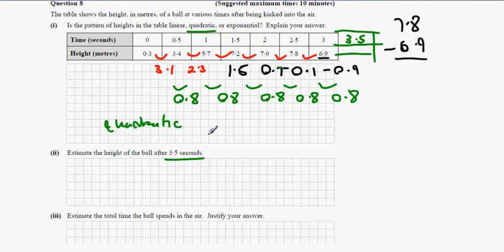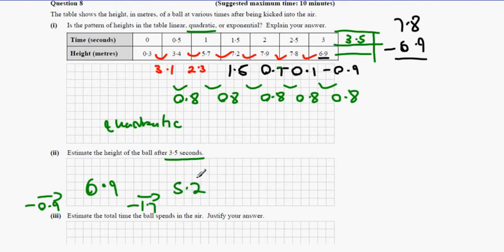So we're going to use half the difference. The difference between 7.8 and 6.9 was minus 0.9. So the last difference was minus 0.9. The next difference should be another 0.8 down, so minus 1.7, and minus 1.7 brings it to 5.2.